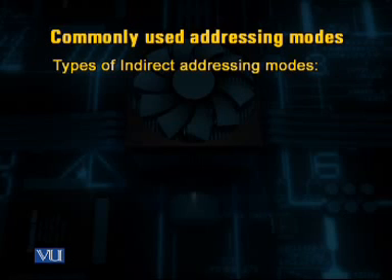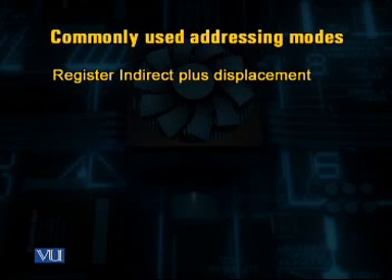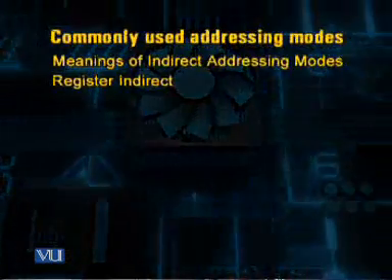The indirect addressing can be register indirect, indexed, or register indirect plus displacement, or memory indirect. As I just mentioned, register indirect means that the contents of one of the registers shows the address of the memory. This you can see from this next slide.